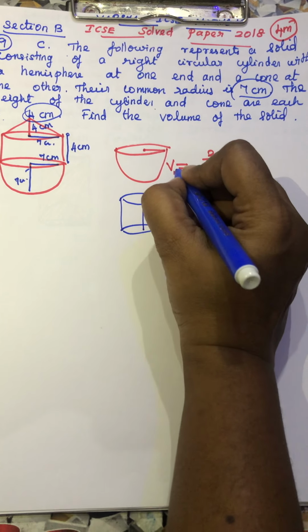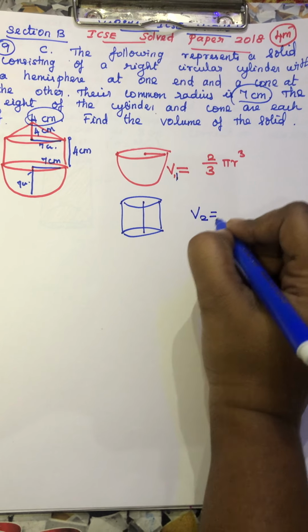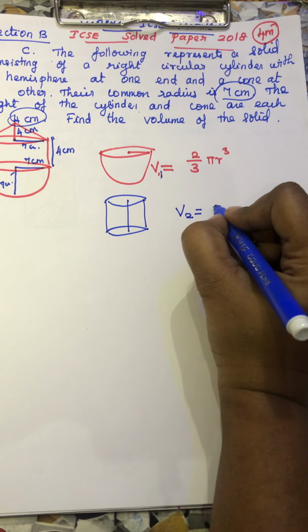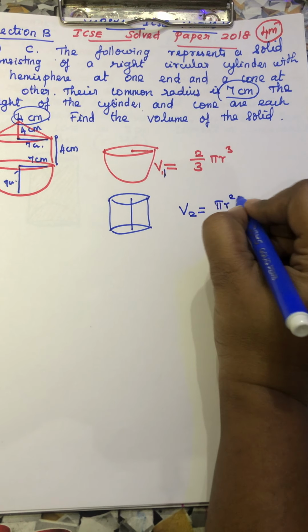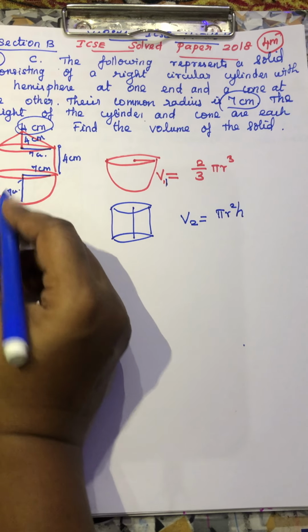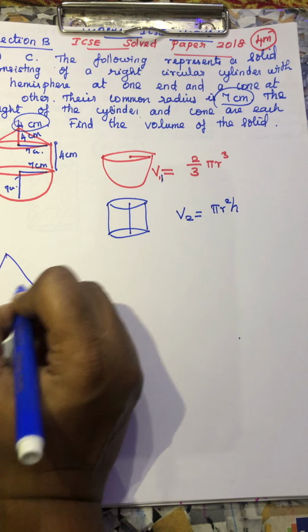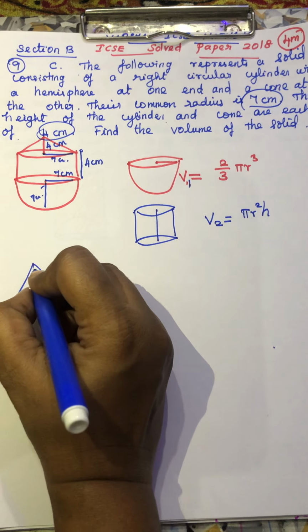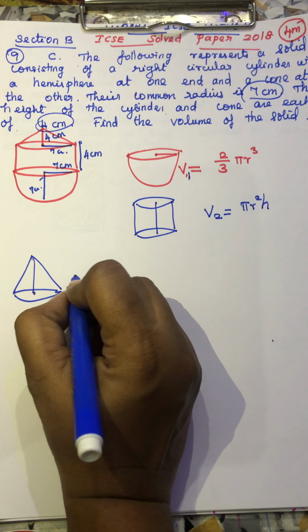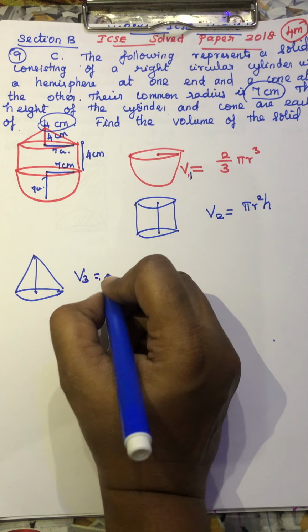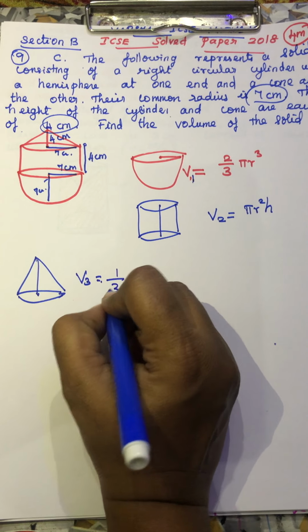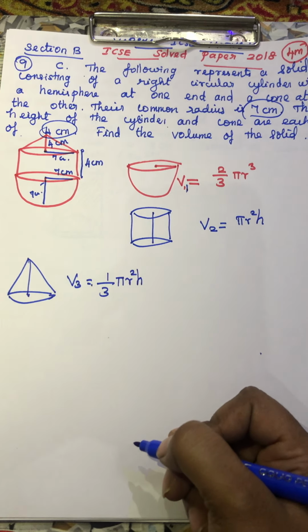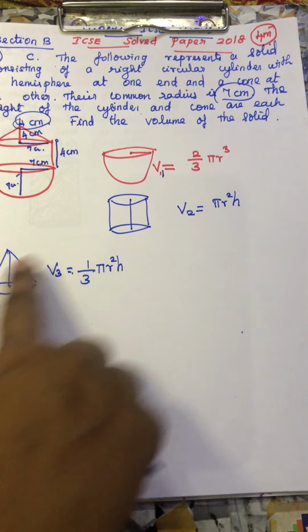The volume of the cylinder is pi r square h. And the third one is the cone. The volume of the cone is 1 by 3 pi r square h. So we have 3 solids.